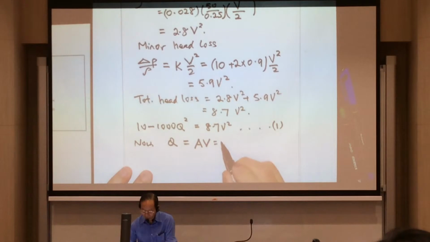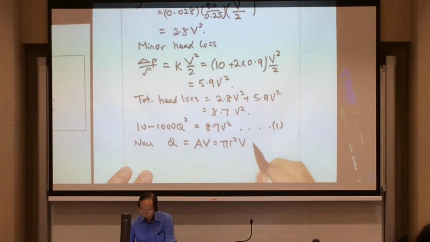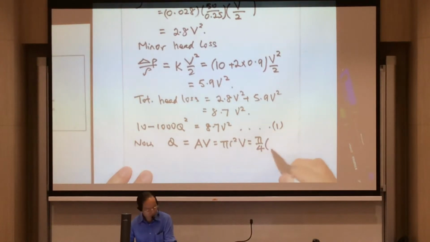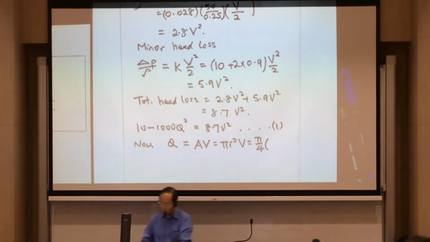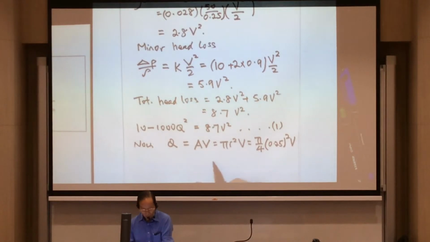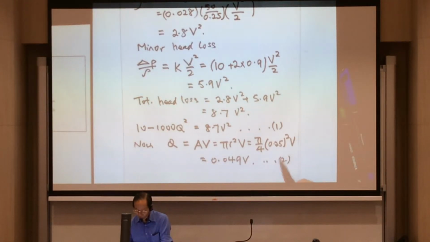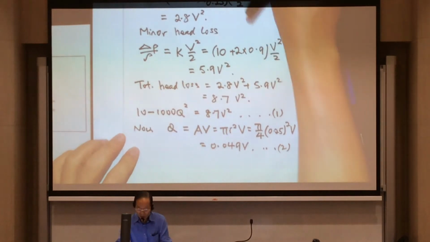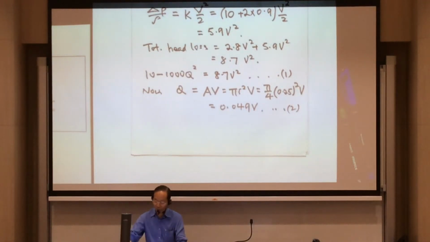And of course, cross-sectional area is pi r squared, which is pi over 4 times the diameter squared. What's the diameter? 0.25 meter. So 0.25 squared times V. So that will give us what? 0.049 V. Okay, so we have managed to set up another equation.